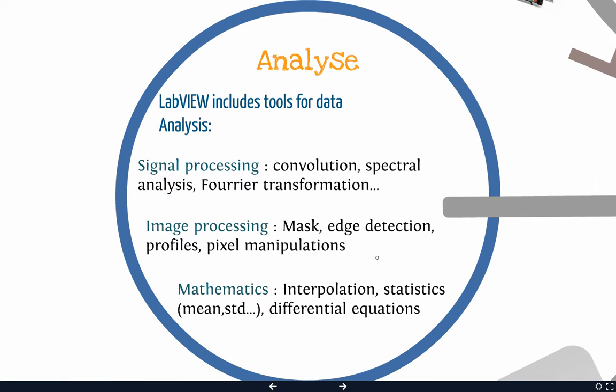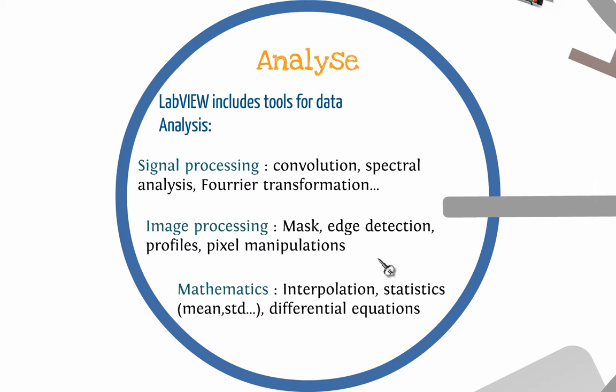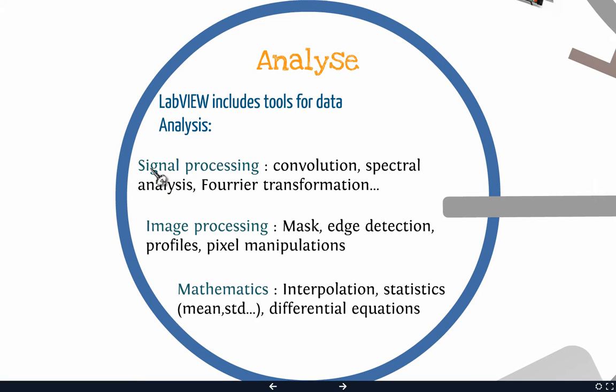It lets us also analyze those data to make decisions, to have the brain, to have the intelligence of our code. And then we can do signal processing, image processing, and a lot of mathematics. We are going to see some of these tools and some of these processes.